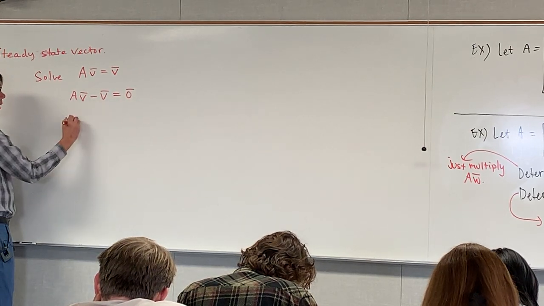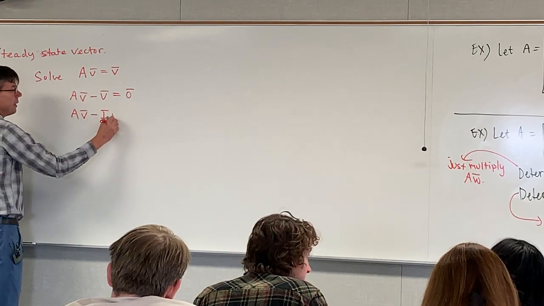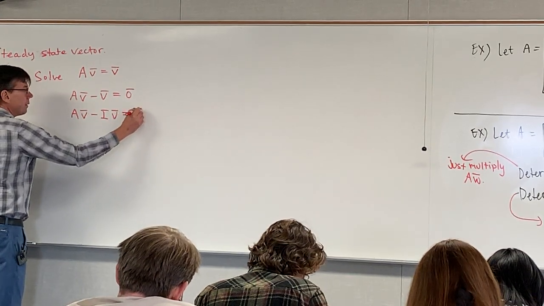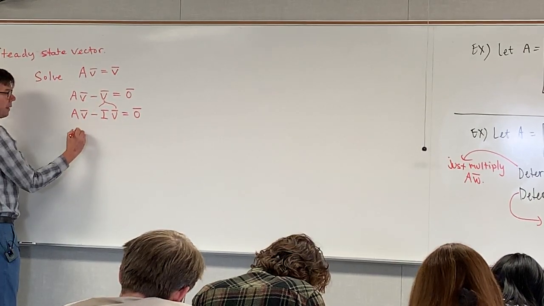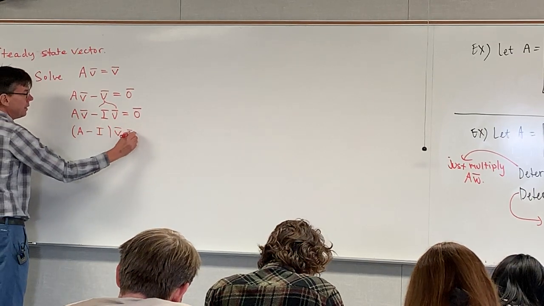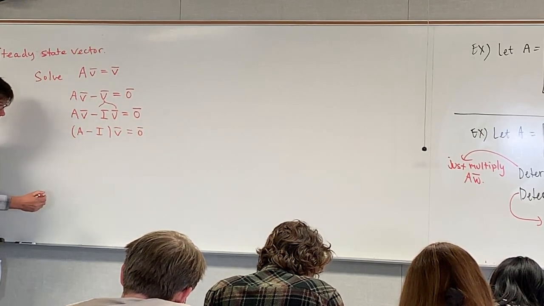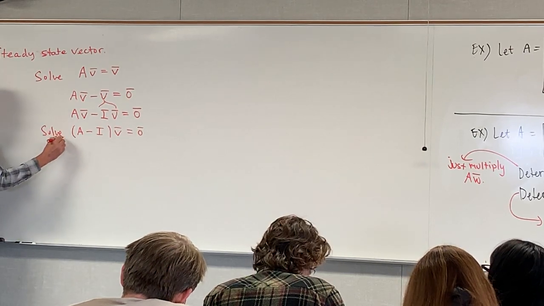And to factor out the vector V, you need an identity matrix times the vector written in here. And so we can write this as (A minus I) V equals 0. So actually, this is what we end up solving.